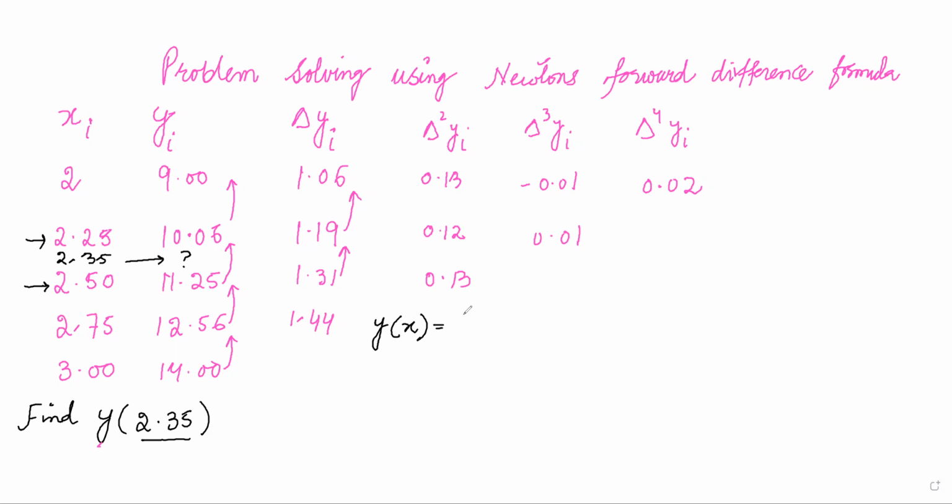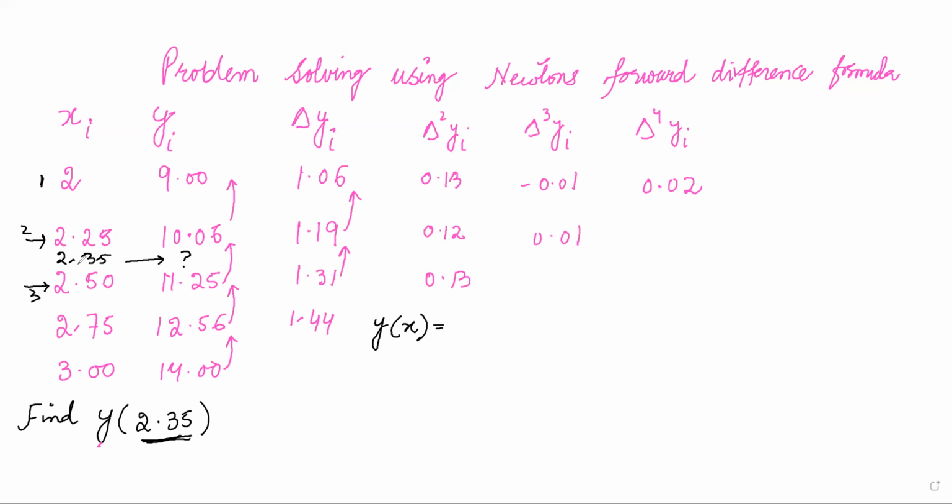Where we are taking the value is very important for us to know. We have to find the value of y at x is equal to 2.35. This is the first entry, this is the second entry, and this is the third entry.